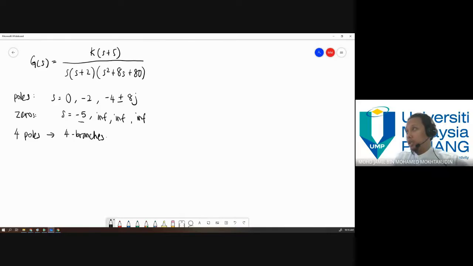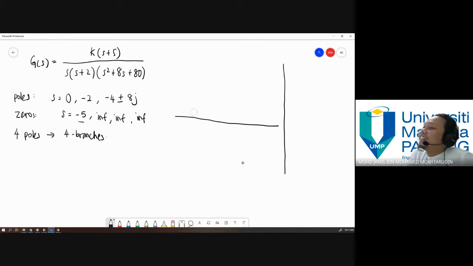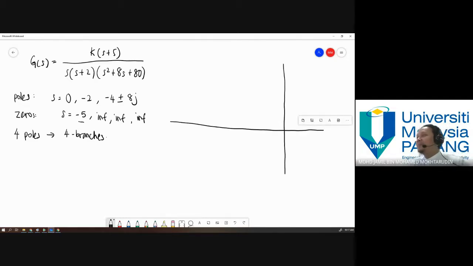Okay, so let's sketch roughly the poles and zeros. Okay, my hand has no art skills.